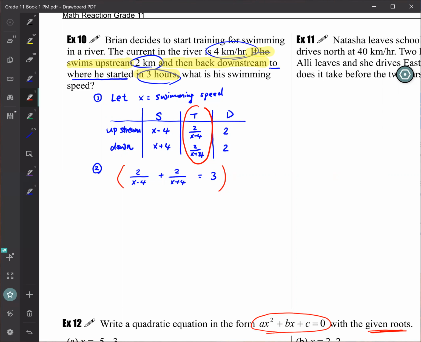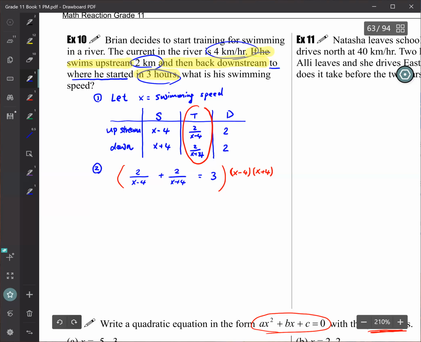How do we get rid of denominator? You multiply everything by the common denominator. Which is? X squared minus 16. Yeah, okay, good. You expanded it. Okay, I'll keep them separate, okay? X minus 4 and X plus 4.